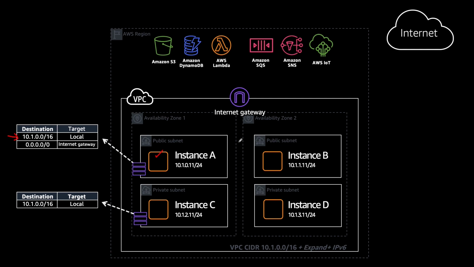It will go to the internet gateway. What the internet gateway will do is keep a tuple between the private IP address, which is 10.1.0.11, mentioned here, and a public IP, because this instance is going to talk to the internet.